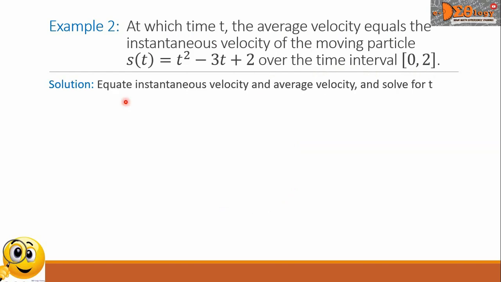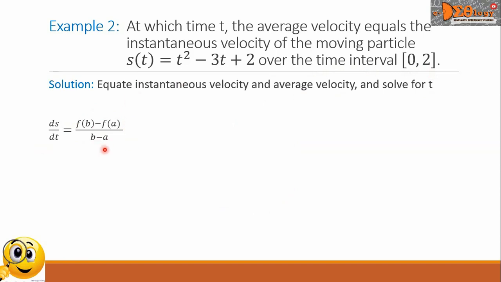For our solution, we will equate instantaneous velocity and average velocity and solve for t. So we will write here ds over dt equals f of b minus f of a all over b minus a.